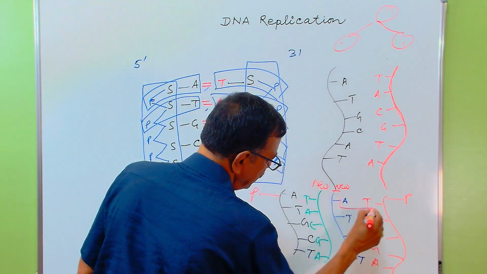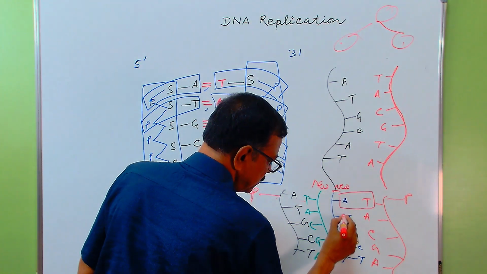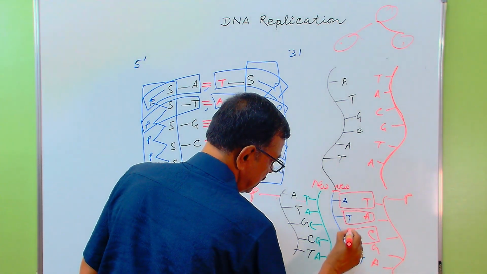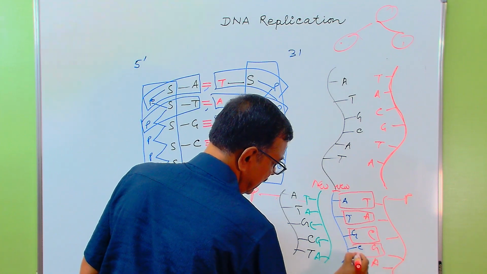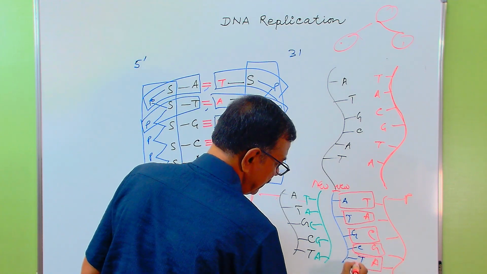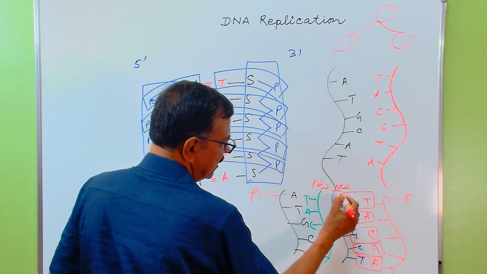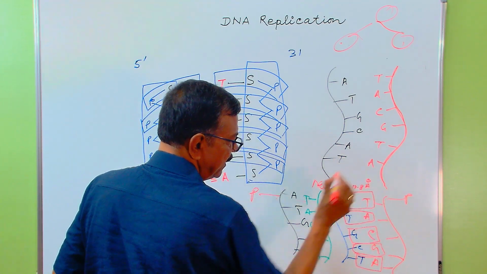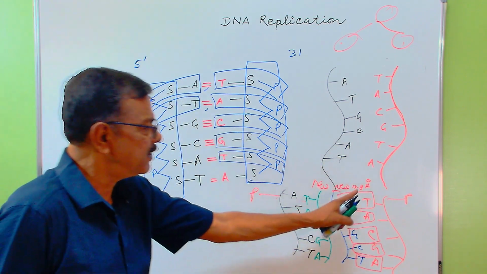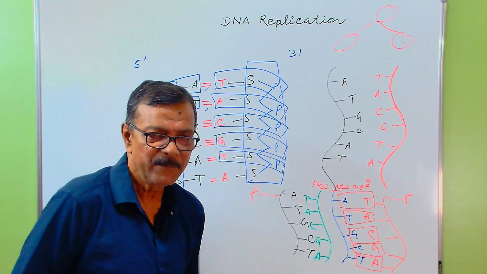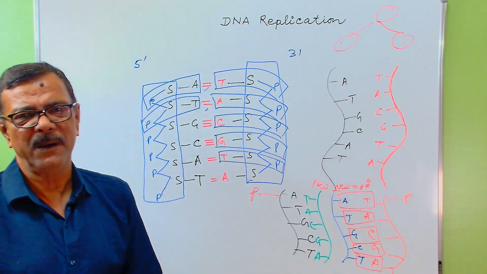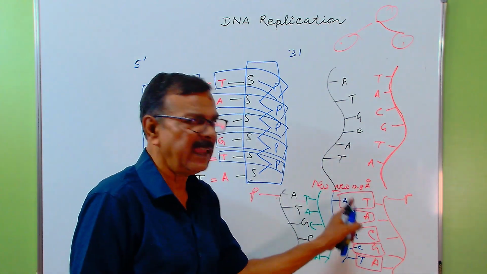These two are having a definite length within the DNA. This is something like 10.8 angstrom unit, the distance. So you cannot fit the other purine or pyrimidine bases other than this A and T.